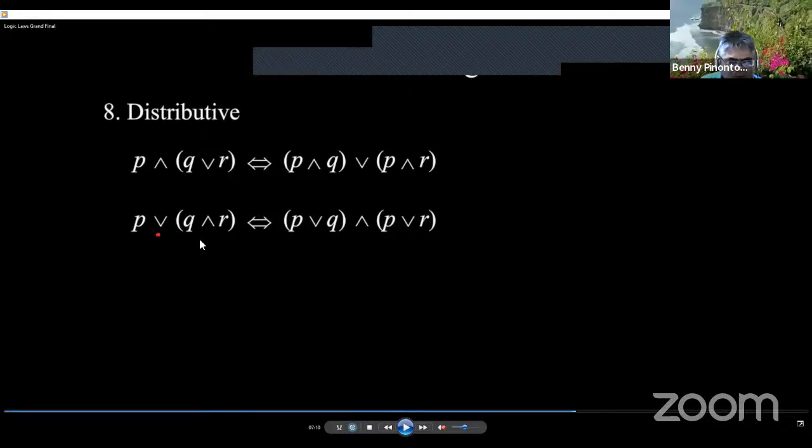Here you have OR, AND, so you distribute this to there. So you have OR here and OR there, and the AND is there.